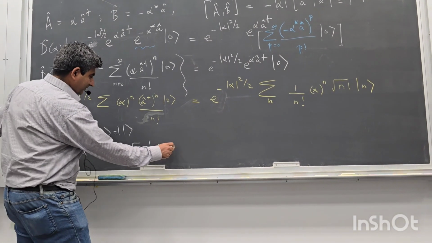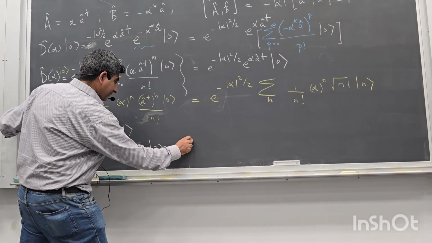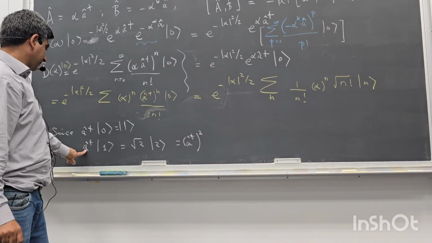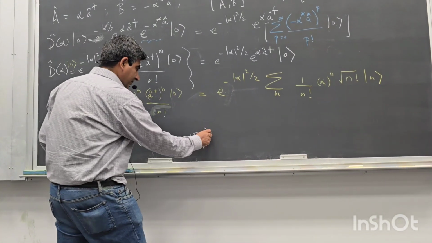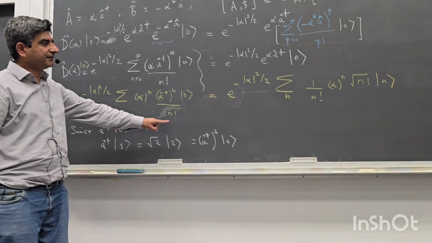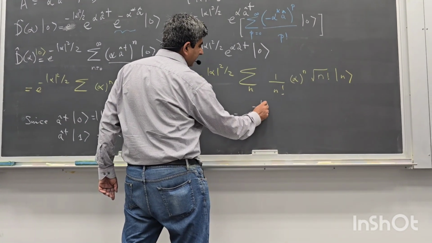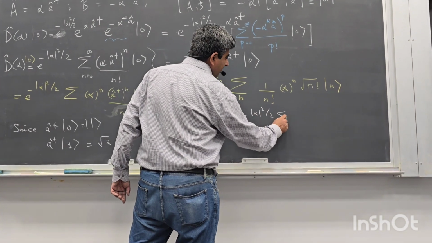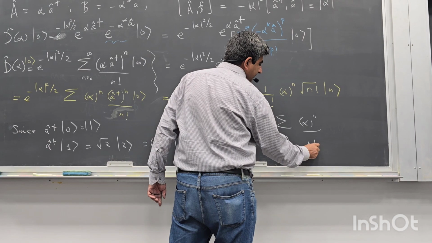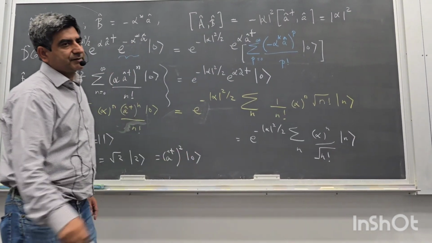So this is under root, A dagger square, A dagger acting on 1 acting on 0. So there's an under root n here, and this finally becomes e^(minus alpha mod square over 2), alpha to the n, over square root of n factorial, ket n. Alright, so this is the coherent state.